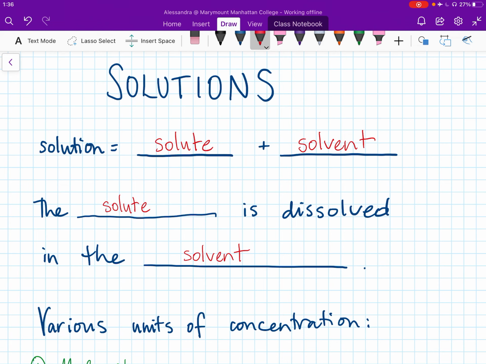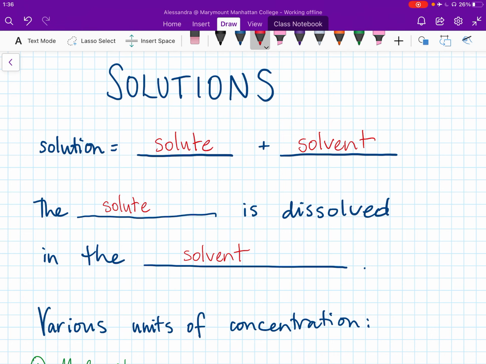The solute sometimes, for example, is a salt, but it can be any other molecule, depending on what kind of solution you're making, really. So for example, a solute could be sodium chloride dissolved in a solvent water, and that would make a saline solution, a sodium chloride solution.